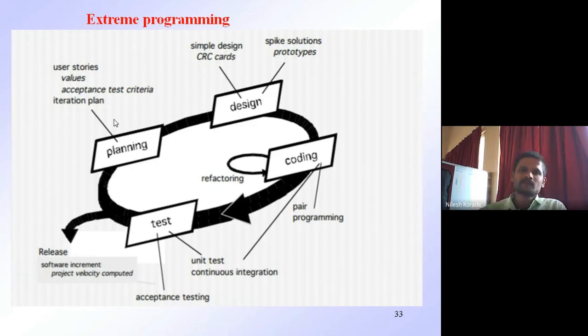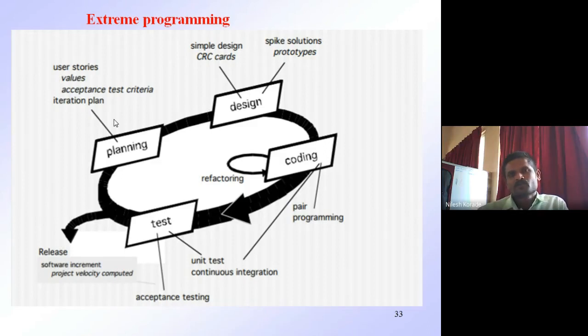So the user will write a story. Let us take the example of your library management system or your ERP system. The first requirement of a library management system or ERP system is that the user will log in by providing a username and password. Initially the user will enter his username and whatever password he has, and he will click on the login button.